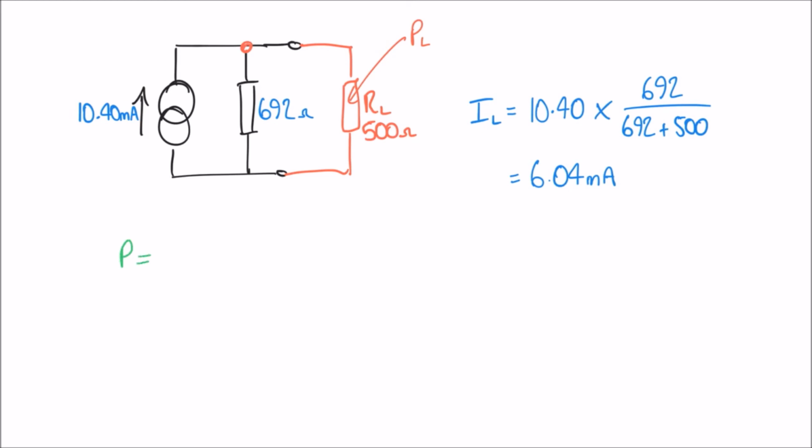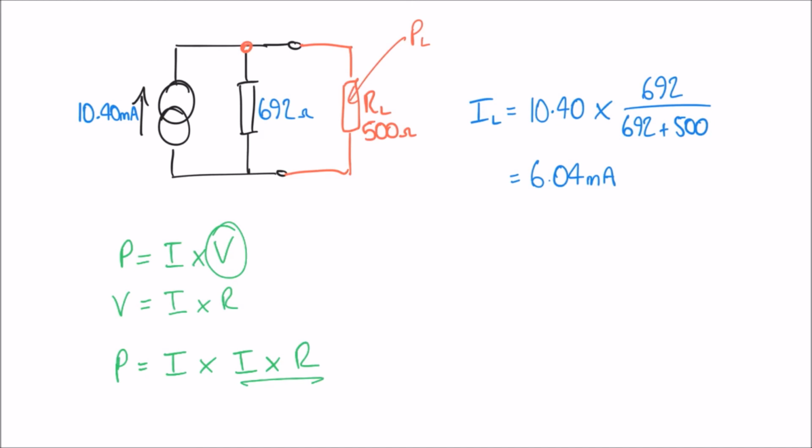We said that P equals I times V. Now, we also know from Ohm's law that V equals I times R. So where I have V, I could easily say that P equals I times R, because V equals I times R. And so finally, my formula for power that I'm going to use in this example is I squared R.